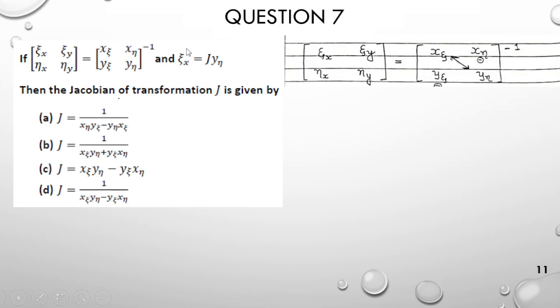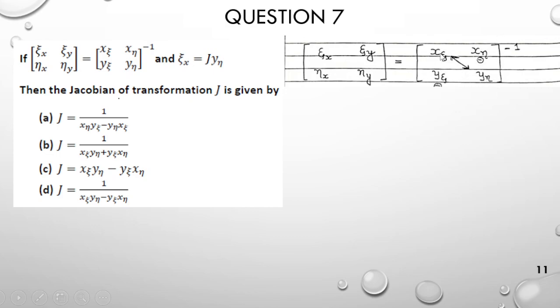First you have to be able to calculate the inverse. For a 2 by 2 matrix, there is a very small shortcut which you can use. Usually the inverse is given by 1 upon determinant of this matrix into the cofactor matrix. But for a 2 cross 2 matrix you can use a very short trick.